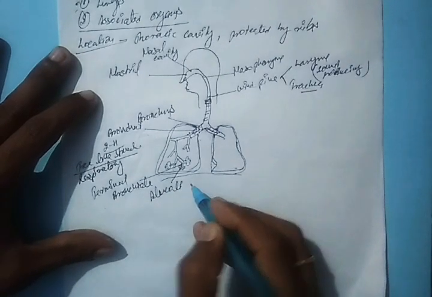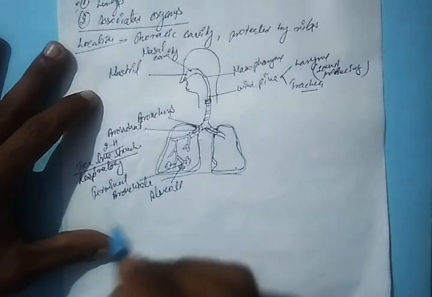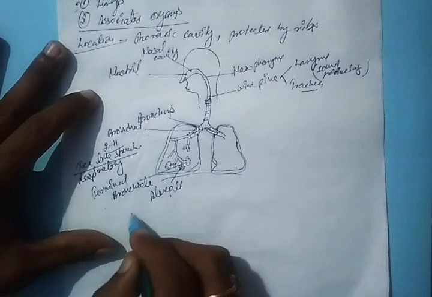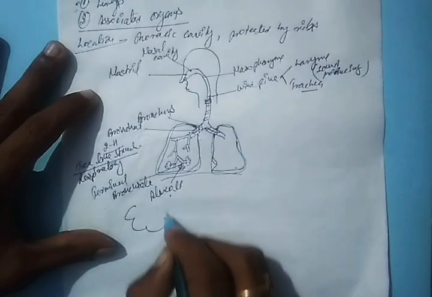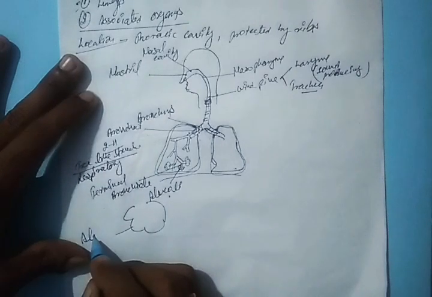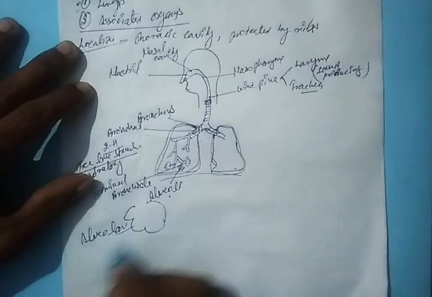These alveoli contain other structures; suppose one alveolus is like this, then these structures are called alveolar sacs.